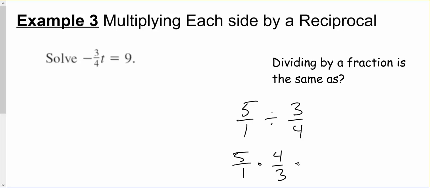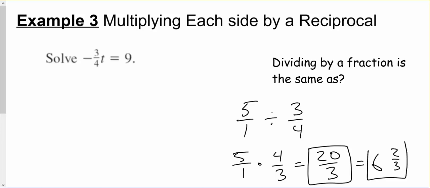So I'd say that was 20 over 3. That's what 5 divided by 3/4 is, 20 divided by 3, or 3 goes into 20 6 times with 2 left over, so it's 6 2/3.